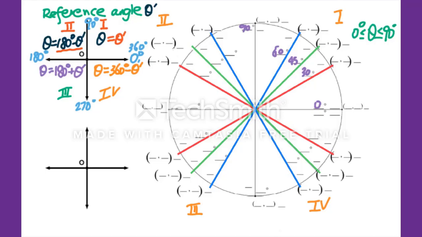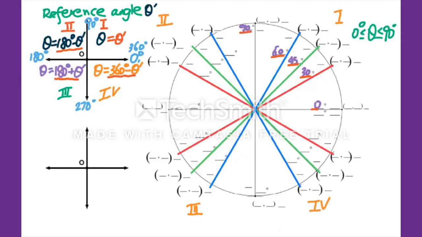Then for the third quadrant, we use 180 plus the reference angle. Then for the fourth quadrant angle, we use 360 minus the reference angle. Now you can count 0, 30, 45, 60, and 90 degree as reference angles.